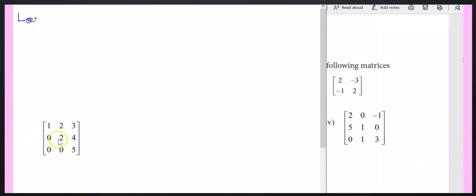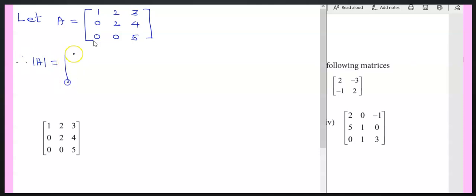1 2 3, 0 2 4, 0 0 5. Now first we find its determinant. This is the matrix. Therefore determinant of A is equal to 1 2 3 0 2 4 0 0 5.